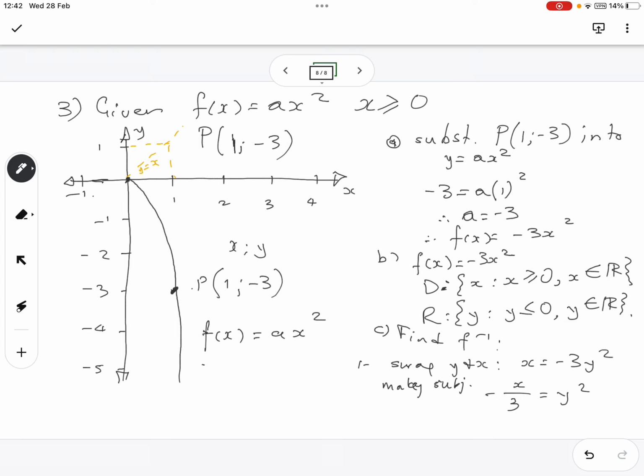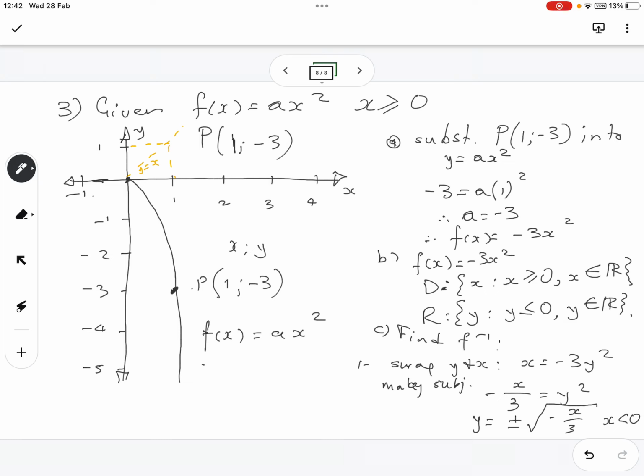I'm just trying to think, how do we do that here? Y would be positive or negative. Yeah, and then x should be less than 0. X should definitely be negative.